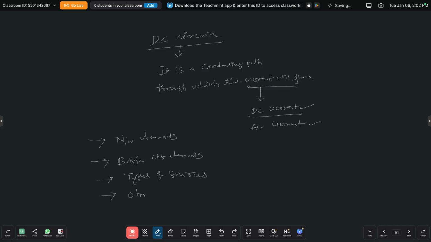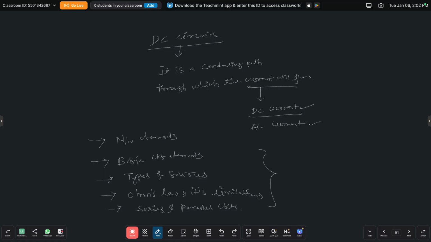Next is Ohm's law and its limitations, and then series and parallel circuits. So we are discussing these topics in this class.